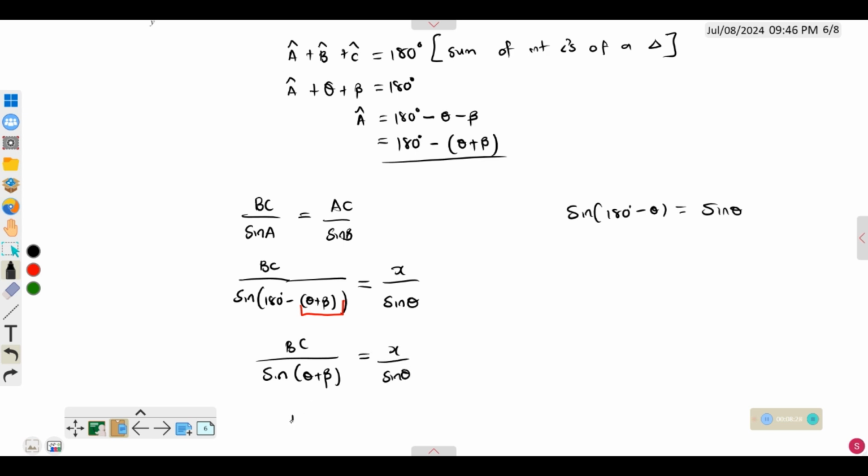And then finally we have BC, which is equal to x over sine theta multiplied by sine of (theta plus beta), which can be written like this: x sine(theta plus beta) all divided by sine theta. That's our BC value.